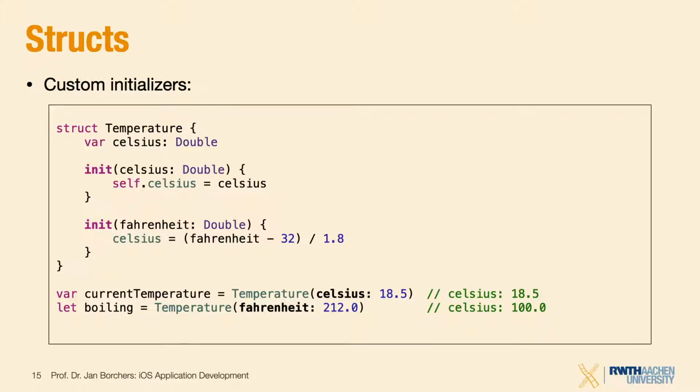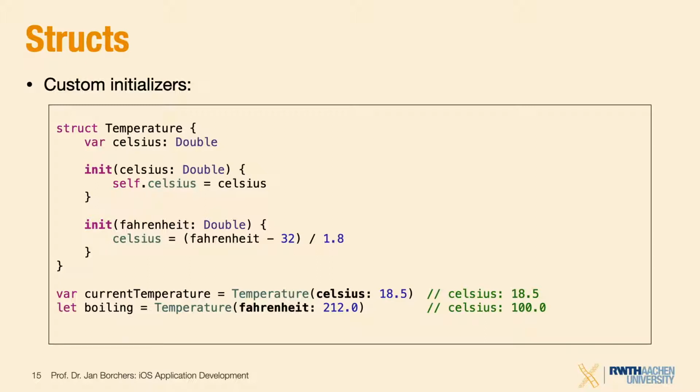And so that means there is a second initializer now that I can also call by calling temperature with Fahrenheit and giving the value. And that also sets the same internal value. There's only one property here, but two initializers. And this one sets it to the proper value after doing the conversion internally to the struct.